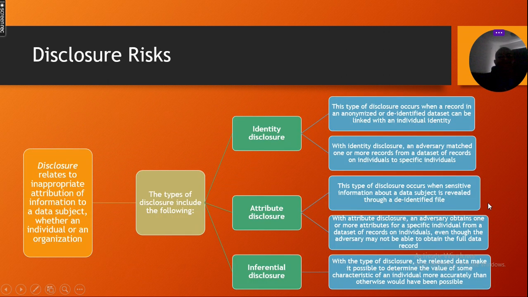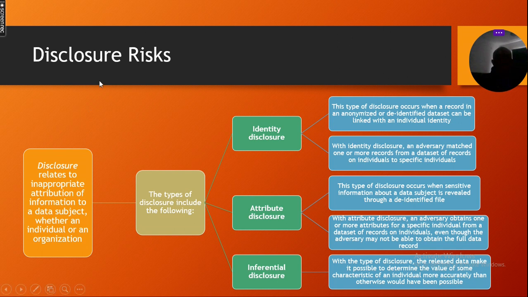Now, disclosure risk. First of all, a disclosure relates to inappropriate attribution of information to a data set or to a data subject, whether an individual as a data subject or an organization as a data subject. So inappropriate attribution of information, that's disclosure.